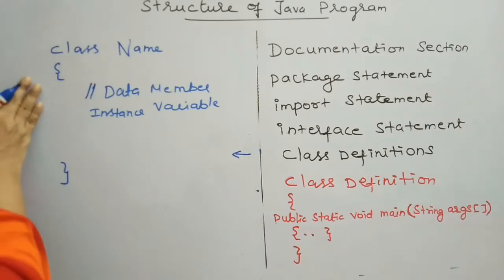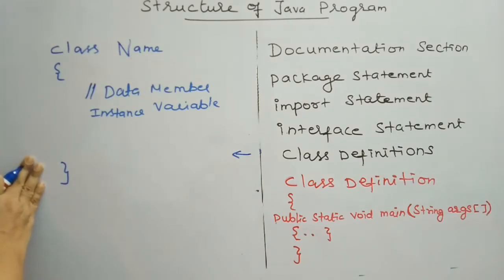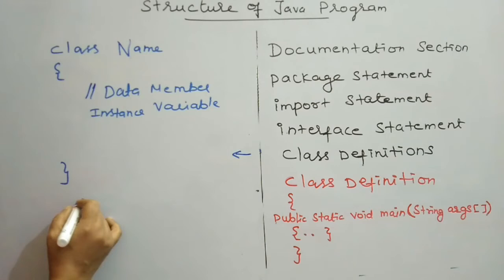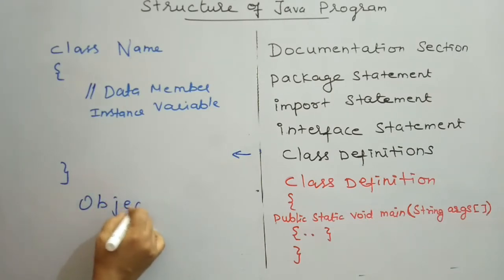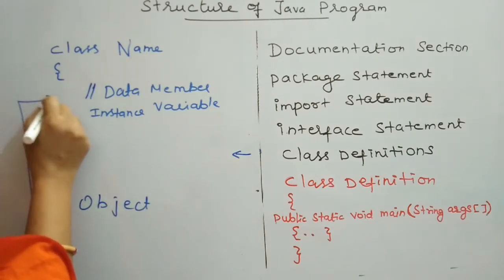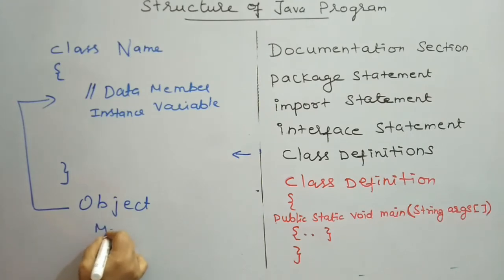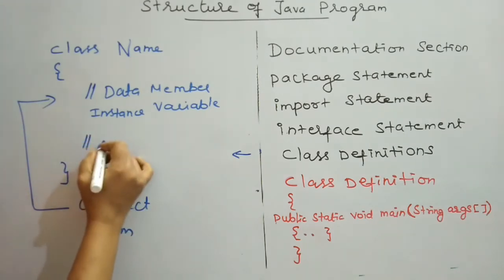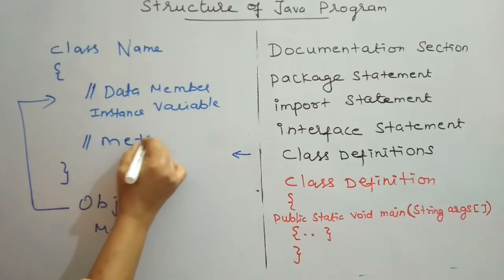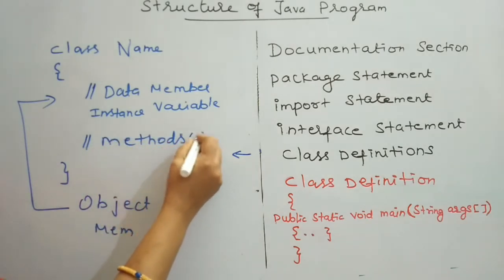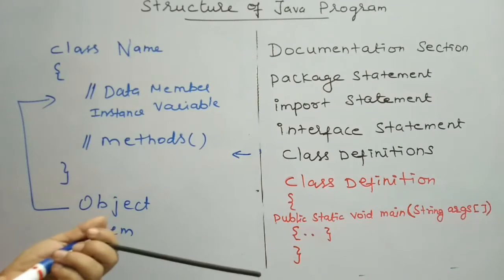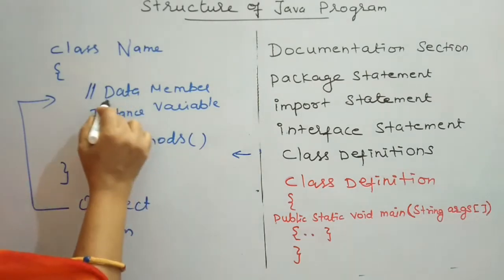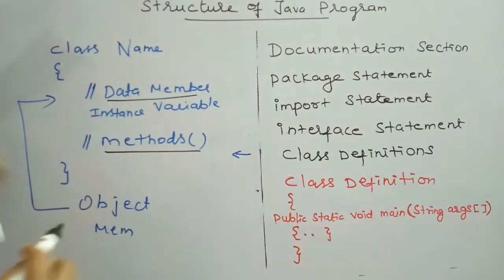It is just a blueprint or template, it doesn't have any life. When we are creating objects of this class, then only this instance variable will be allocated memory. And then it also combines methods together. So your class is going to combine data members and methods together.